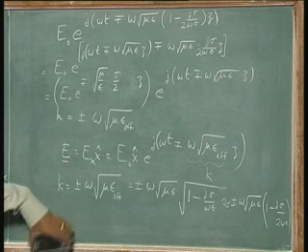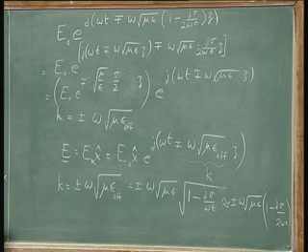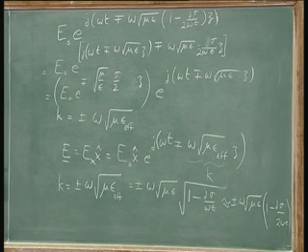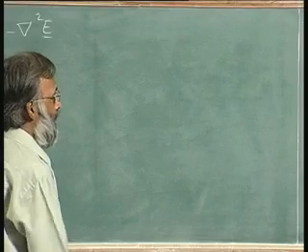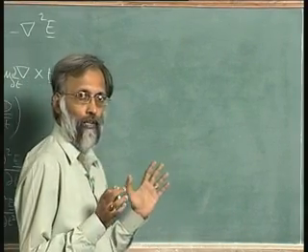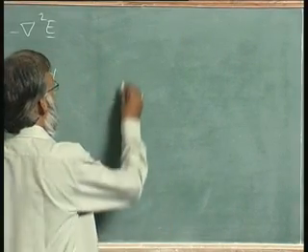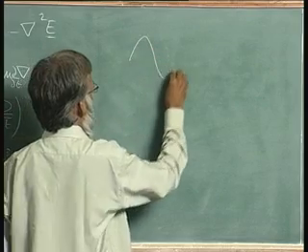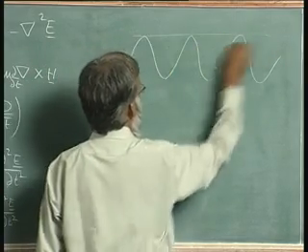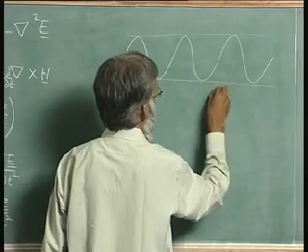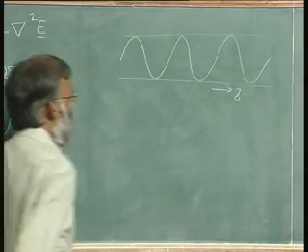So, if I drew this wave, what does it look like? Now, if I had a wave with uniform amplitude that did not change, I can imagine drawing it like this, the uniform amplitude, this is z.